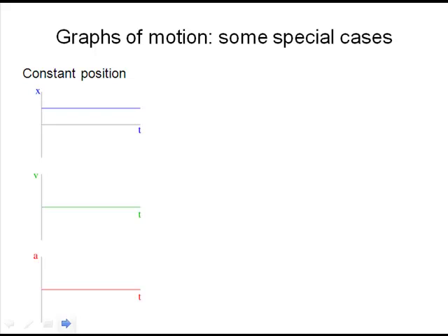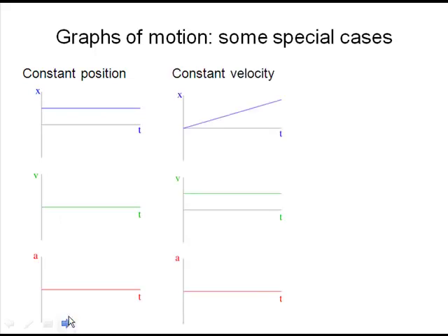All right, so let's review that one more time. If I have a constant position, then the velocity and the acceleration are each 0. When I have a constant velocity, that means the acceleration is 0, but the position is changing linearly. If it's a positive velocity, the position will be increasing, sloping up. If it's a negative velocity, the position will be decreasing or sloping down.